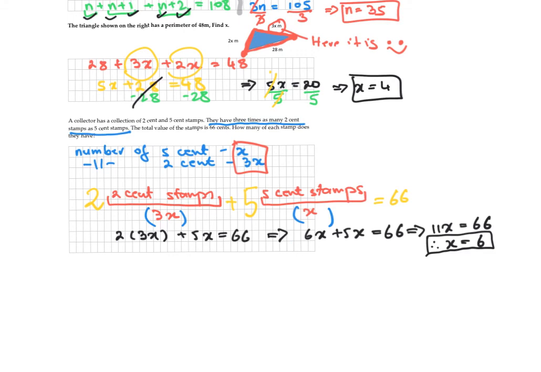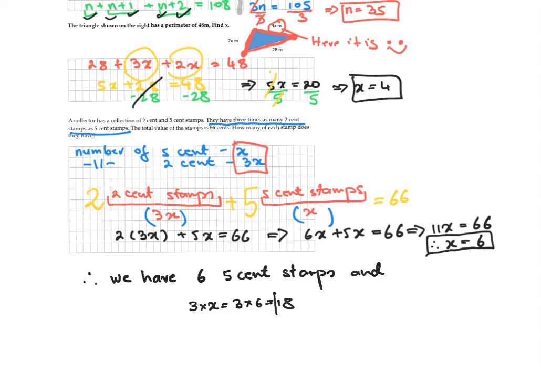So x is representing the number of 5 cents, so we can say we have 6 5-cent stamps, and we have how many? 3 times x, 3 times 6. 3 times 6 is equal to 18, so therefore we have 18 2-cent stamps.